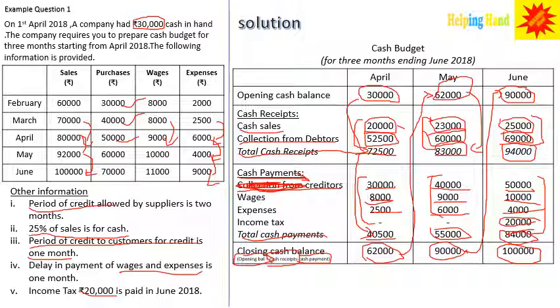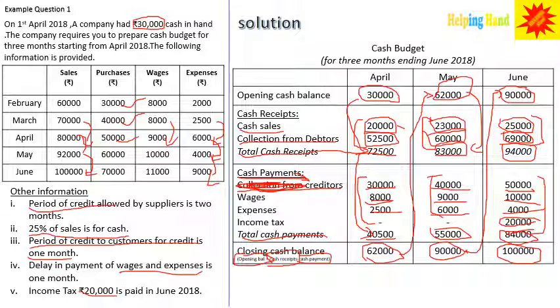Okay, so this is when you get positive figures. Sometimes we shall have a negative amount at the ending. So whenever there's a negative amount, for example, if the payments are exceeding your receipts, then we might have a negative.